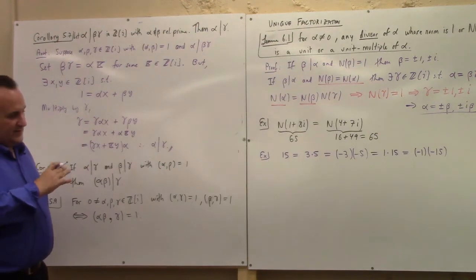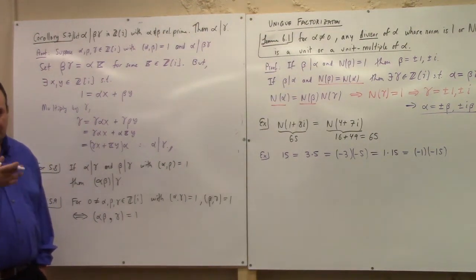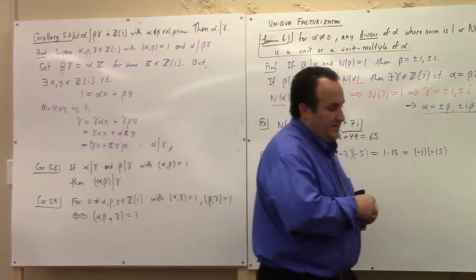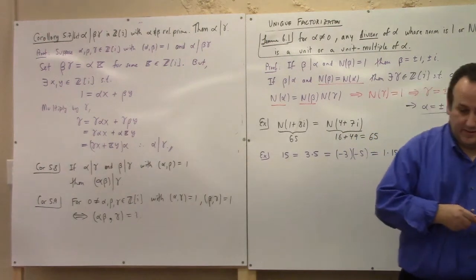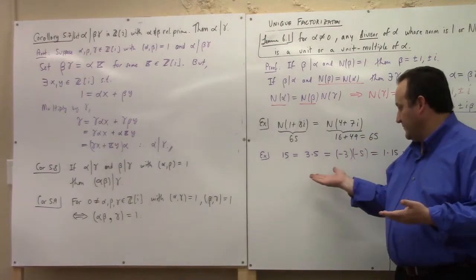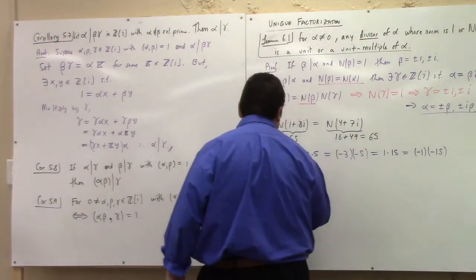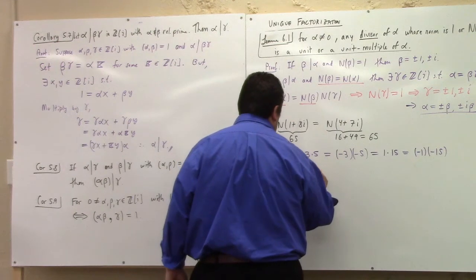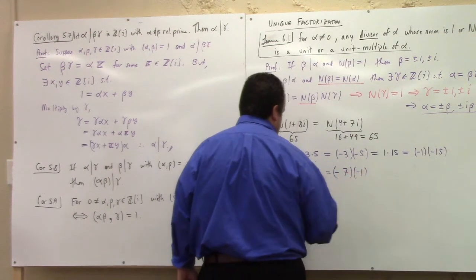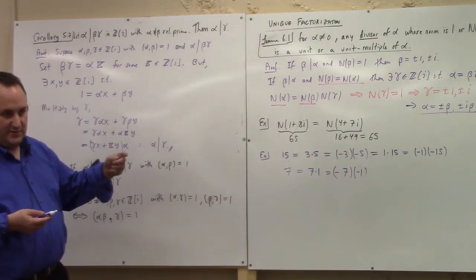But 1 times 15 and minus 1 times minus 15, that's something we don't really want to count as a factorization of 15, because you can do that for any number, right? We'd like to describe when a number is composite. 15 is a composite number. In contrast, you have numbers which are not composite, like primes. So 7 is 7 times 1, and it's minus 7 times minus 1, but we wouldn't say that proves that 7 is composite, because one of those is a unit.